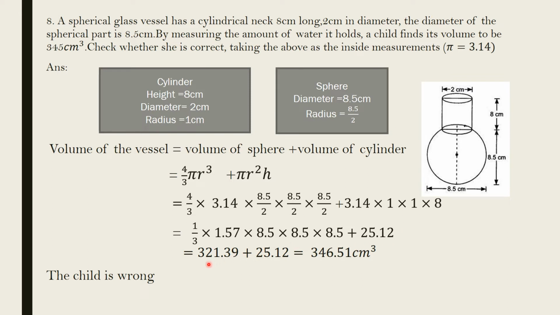The answer will be 321.39 plus 25.12, which is equal to 346.51 cm cube. As the child's assumption was 345 cm cube and our answer is 346.5, we can say the child's calculation was wrong.